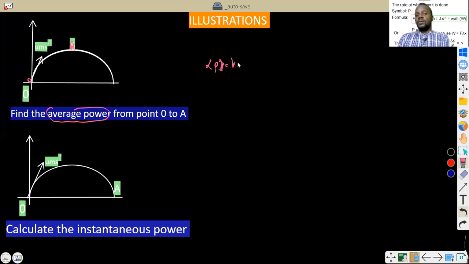We have studied average power as work done divided by time. I hope students still remember work done divided by time. Remember, work done is force times distance, which we've also studied. So now what I need here is just two things. Work done is force times distance.